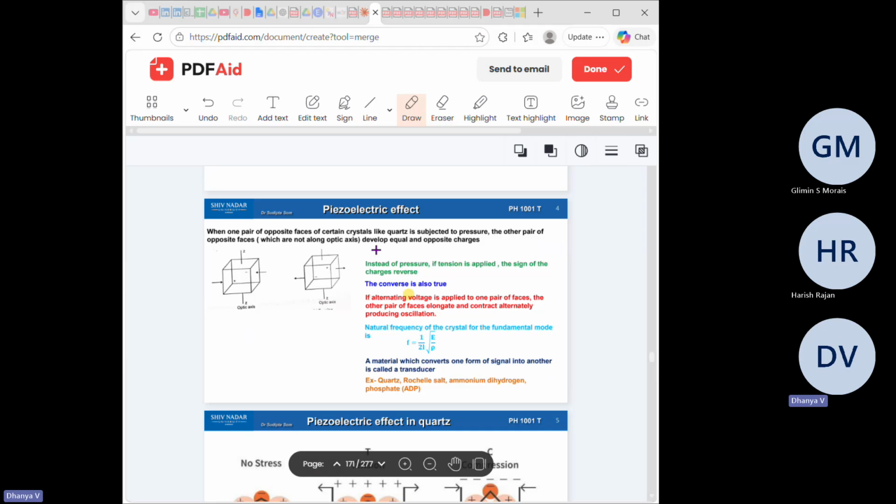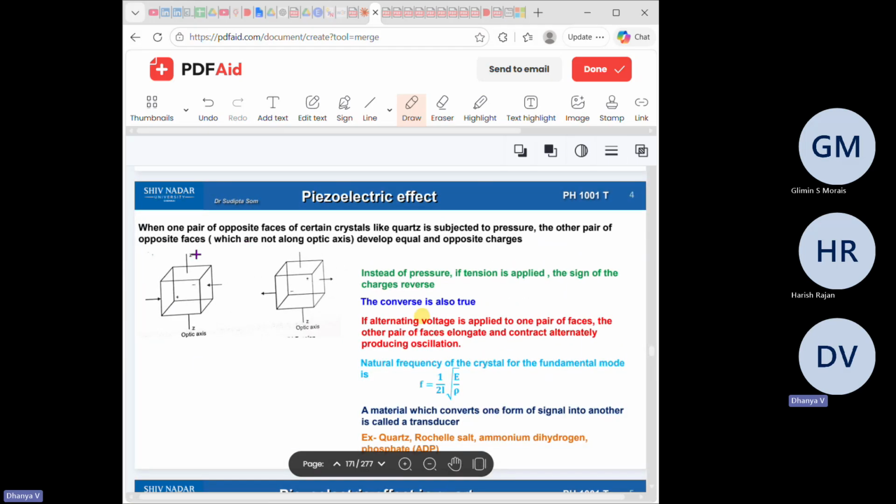Okay, so when one pair of opposite faces of certain crystals like quartz is subjected to pressure, the other pair of opposite faces develop equal and opposite charges. Here, if you see the picture, there's a pressure that is being built, they're pushed inwards, and the opposite part gets opposite poles, positive and negative poles.